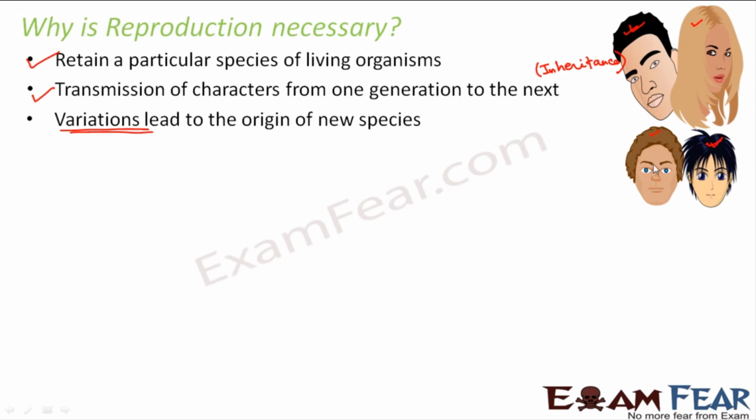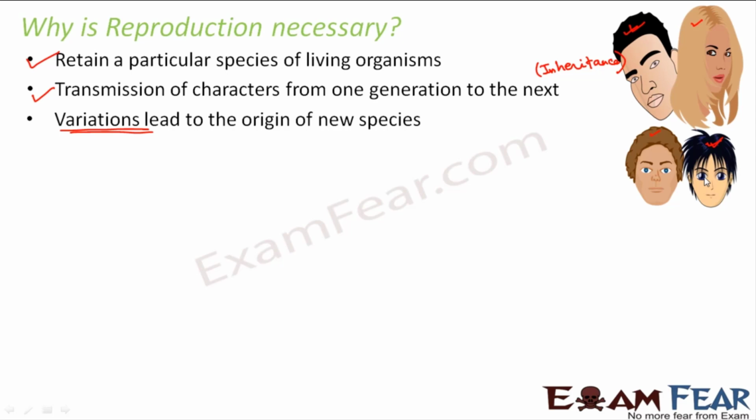For example, if you look at this child, he has such big eyes, right? Do you think his dad had big eyes? No. Do you think the mom has big eyes? No. So big eyes is something which is different from both the parents. That means it is a new character which has come out of this reproduction.